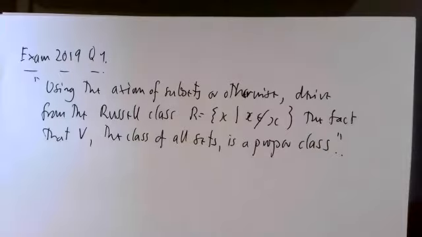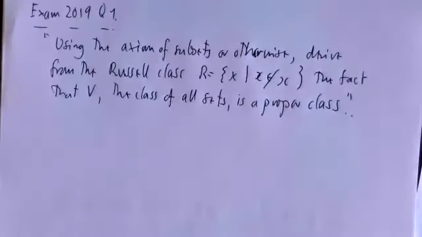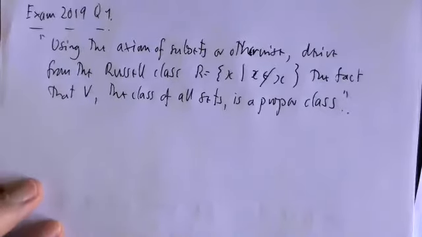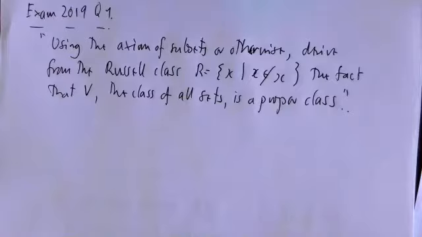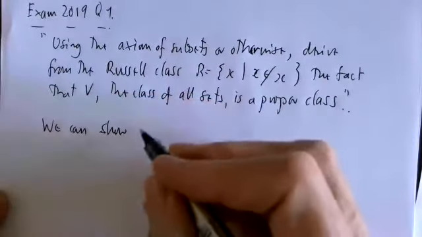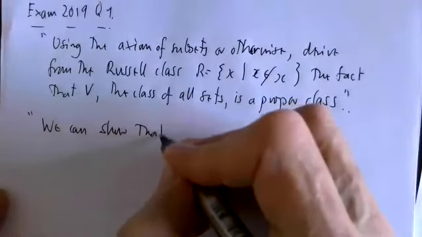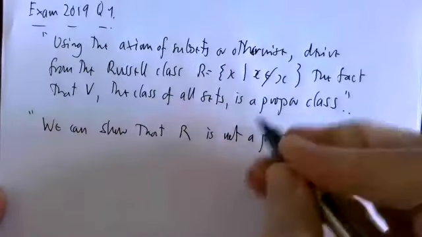Okay, so the idea here then is, indeed, you can find this argument precisely there in the notes. So a solution could be something like run along these lines. We can show that R, sorry, is not a set.